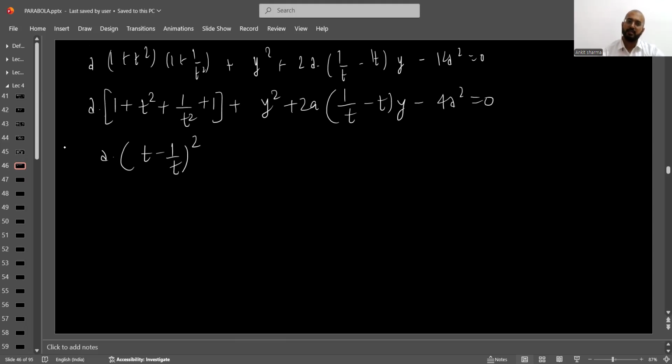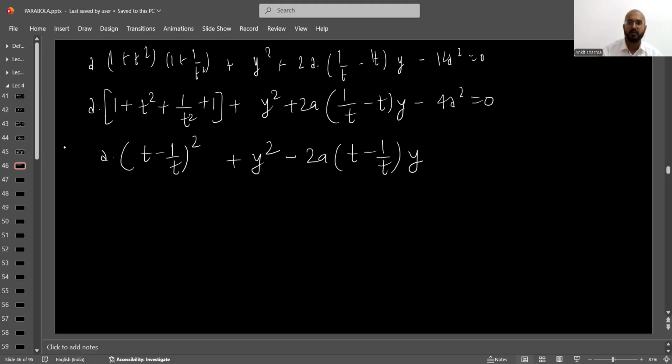And now minus 2a I'll be subtracting here. So this turns out to be basically a into t minus 1 over t the whole square. And then this would be y square. One part is going to be subtracted here, so I'm writing here y square. And then I'll take minus common here, so 2a times t minus 1 over t into y.